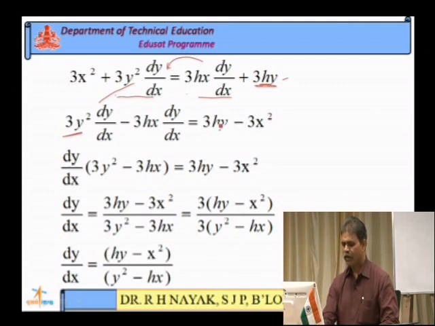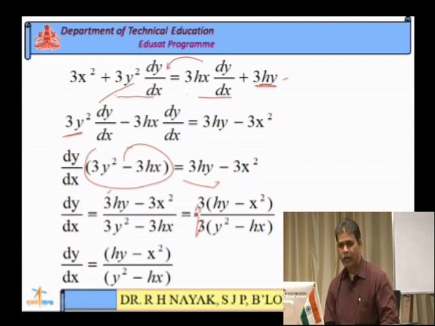Therefore, finally dy by dx is 3hy minus 3x square divided by this whole term, which goes to the denominator of the other side. In both numerator and denominator we have 3 common, it is taken outside and cancelled, and that is dy by dx.